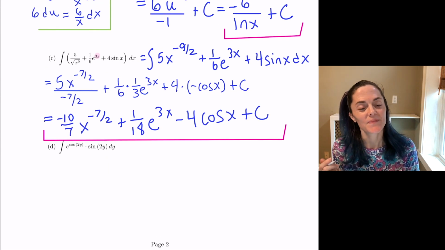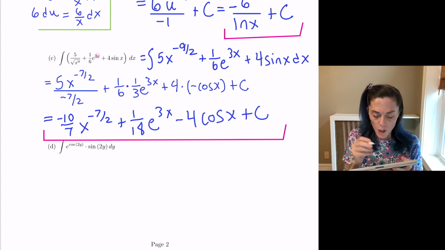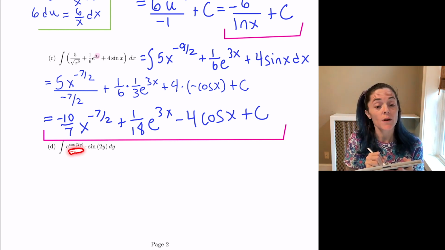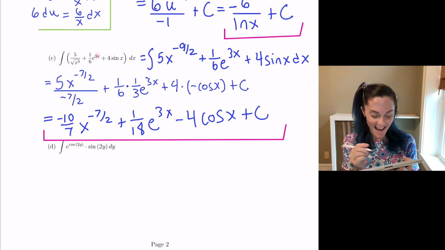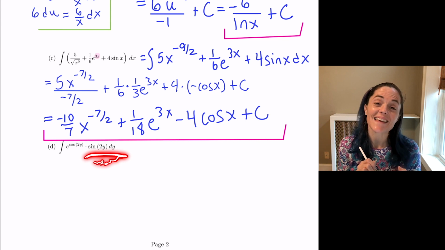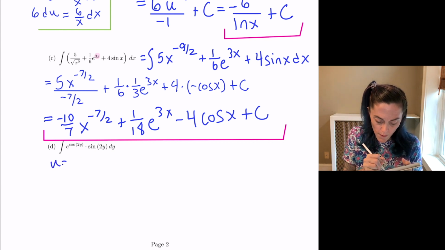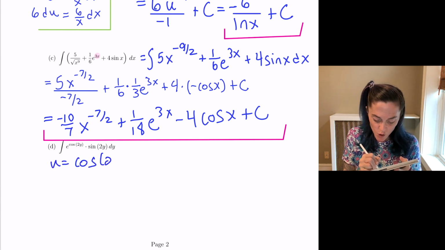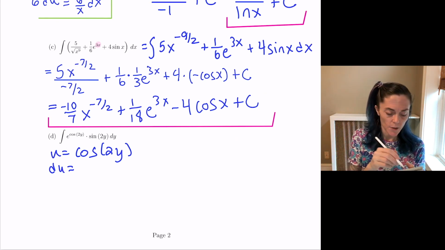Letter D, this is the last one on page 2. You notice up inside the exponent of e is a function, cosine 2y. More than that, I see a multiple of the derivative of cosine 2y in my integrand. This is substitution. U is cosine 2y. Next, we calculate du.